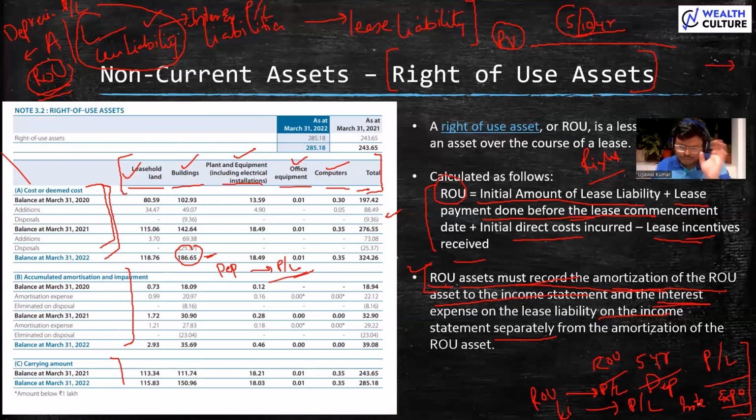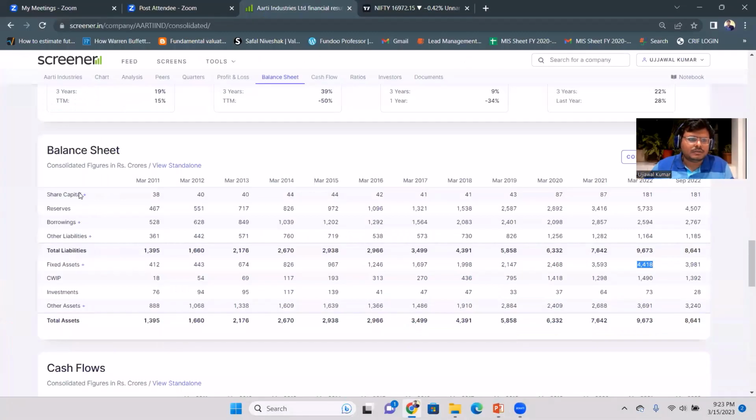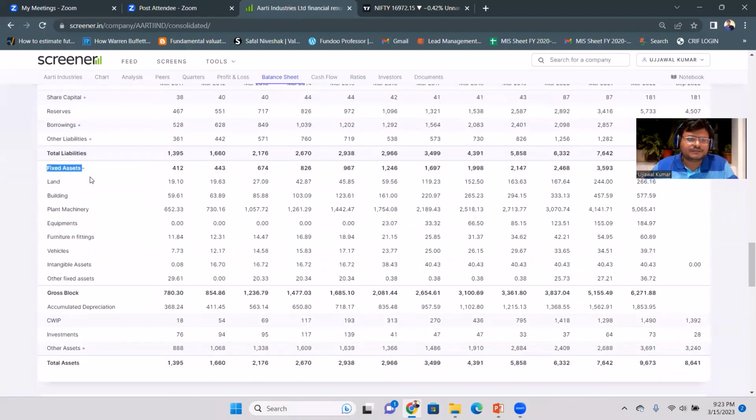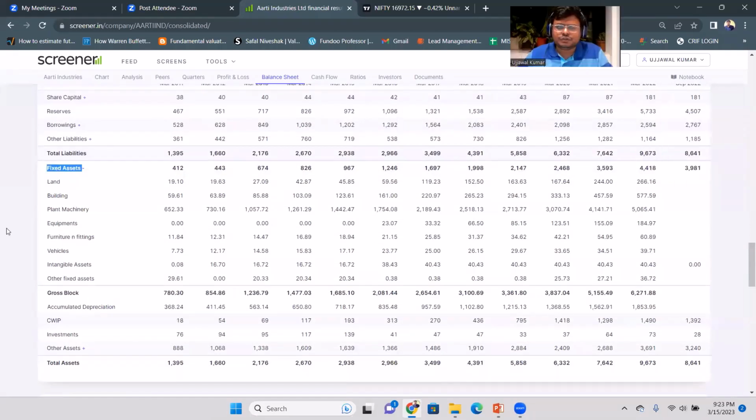But mostly, treat it like fixed assets. If you go to, for example, Screener, all you will see is fixed assets. They won't show you fixed assets and right of use assets separately. They will club the land, building, plant and machinery together, right?